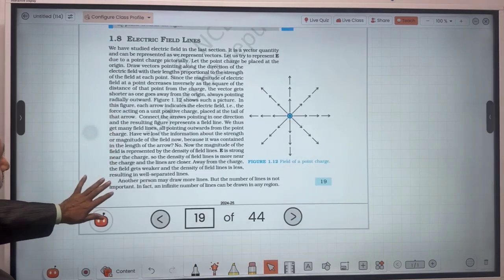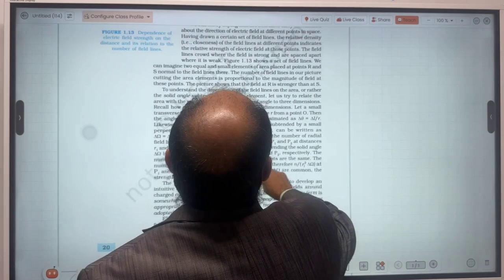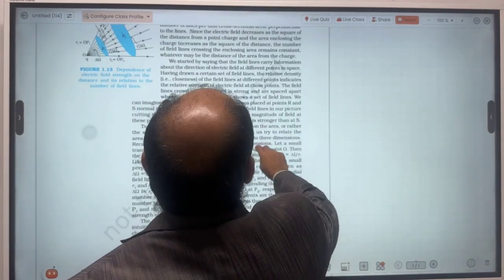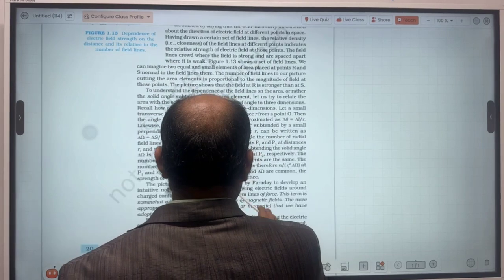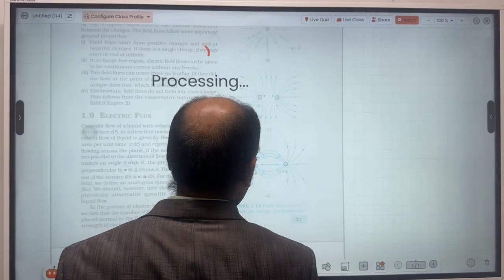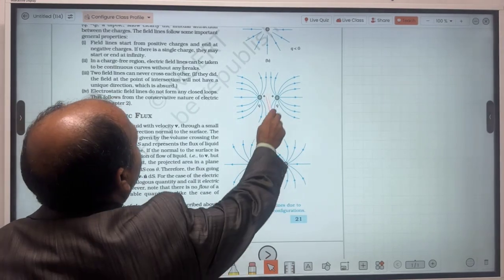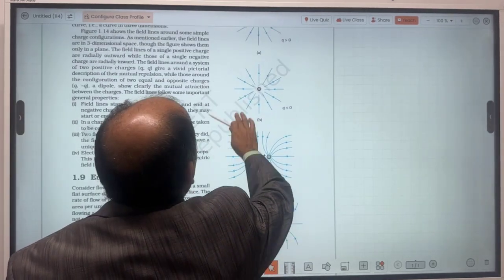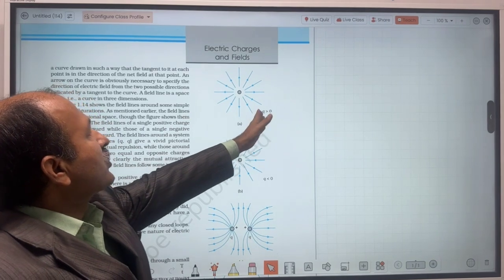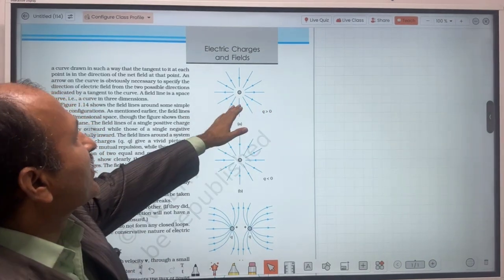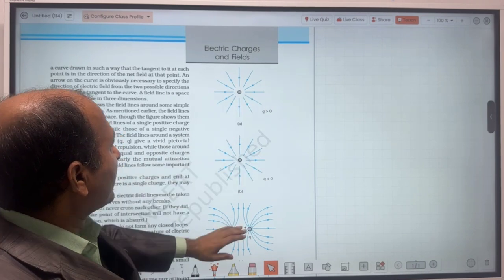Here we will see related concepts. Here field lines are shown. Field lines due to positive charge: Q greater than 0 means it is a positive charge, so field lines are coming out perpendicular to the surface.